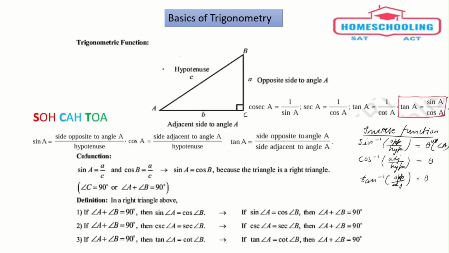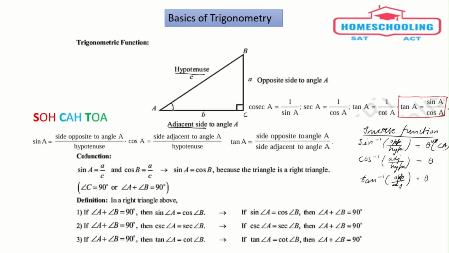So now coming to the trigonometric functions. This is your right triangle here, as we know, and it is a right triangle at angle C. So the side opposite to the right angle would be called the hypotenuse. Now if we take an angle A here, the side adjacent to this angle A would be called the adjacent side.